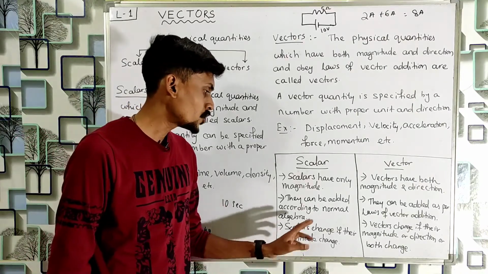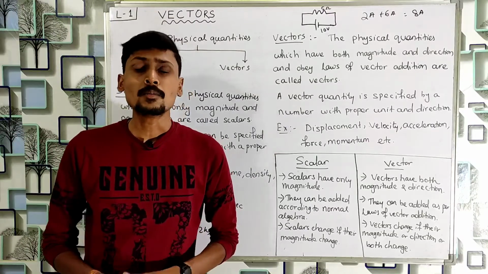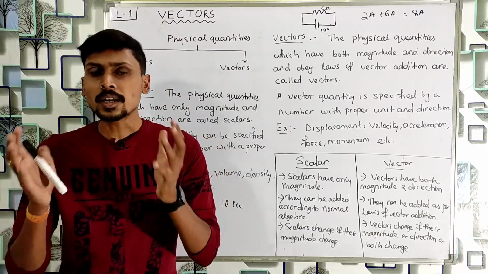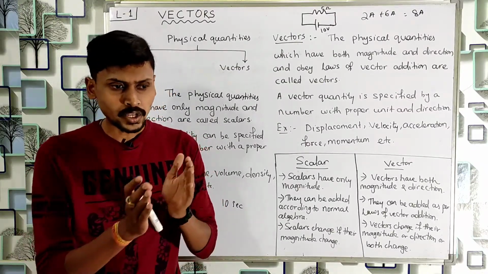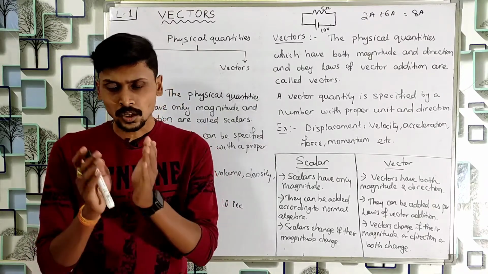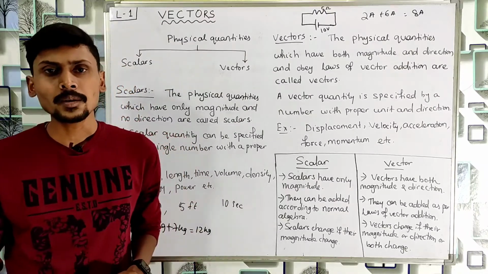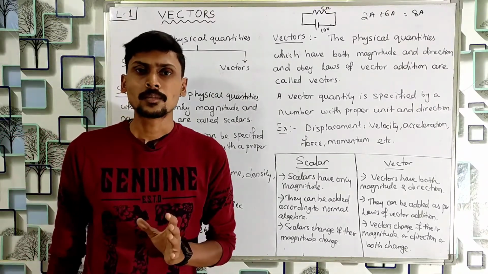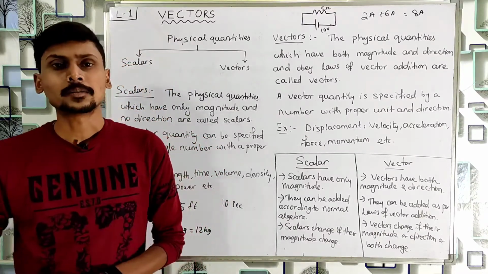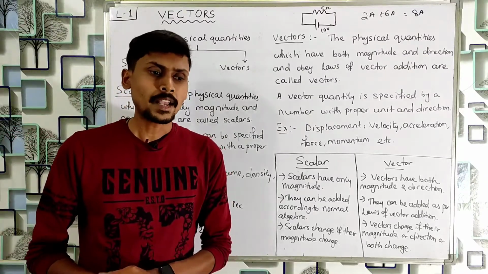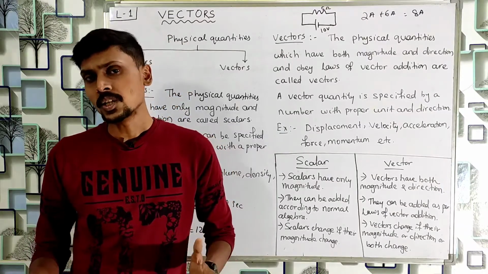Next one, scalars change if their magnitude change. जदि आम गोटे स्केलर रो मैग्नीट्यूड को चेंज करिबा देन से क्वांटिटी टा चेंज हो जिवो. बट टू चेंज वेक्टर आइदर यू कैन चेंज द मैग्नीट्यूड और यू कैन चेंज द डायरेक्शन और यू कैन चेंज बोथ ऑफ देम. स्केलर को चेंज करिया पई वी नीड टू चेंज ओनली द मैग्नीट्यूड बिकॉज इट हैज ओनली मैग्नीट्यूड नो डायरेक्शन. बट टू चेंज वेक्टर वी कैन चेंज इट by changing the magnitude or by changing the direction or by changing both.